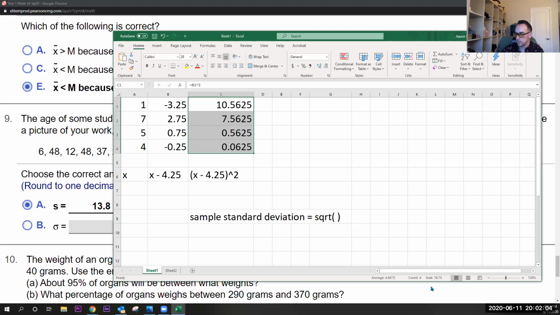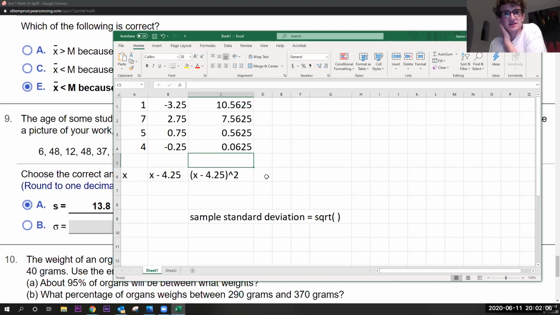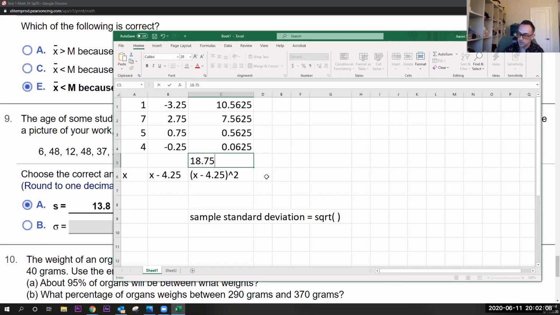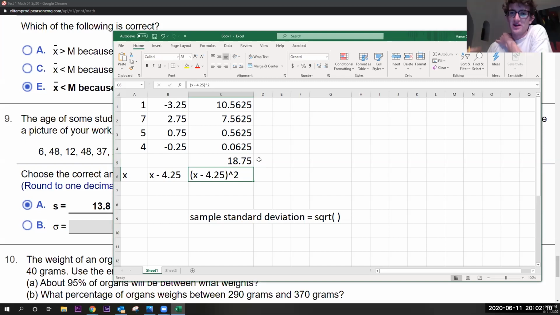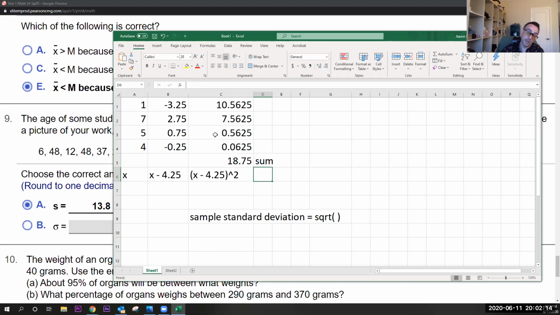What's that? It's 18.75. Essentially, you add up all the squared deviations, and then I divide that by n minus 1.